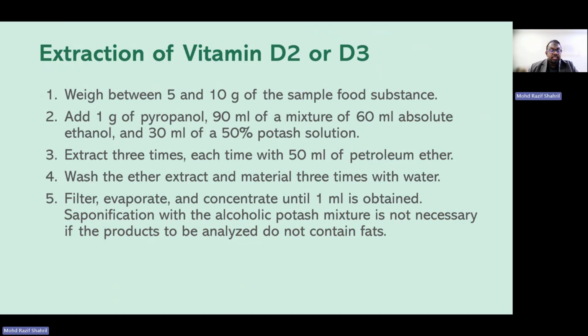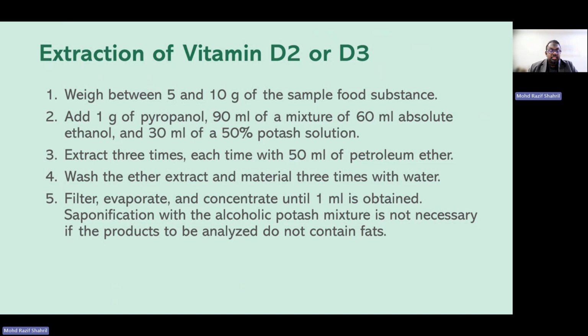So what about vitamin D2 and D3? This is again the extraction method for vitamin D, where we take around 5 to 10 grams of our sample, but this time we add propanol, absolute ethanol, and a 50% potash solution.